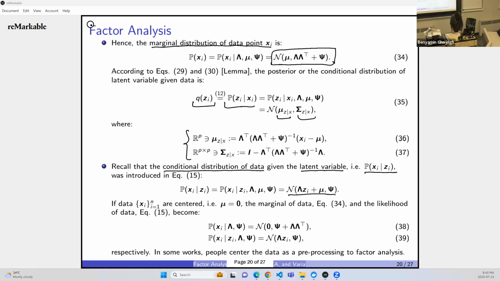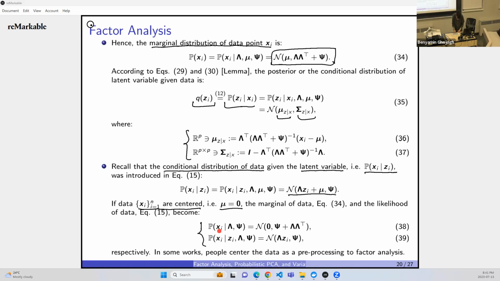So this is exactly, I'm repeating it here, equation 15, okay? If data are centered, guys, if data are already centered, such as what we did in PCA, we assume that the mean of the data is 0. Then mu becomes 0. Then the formulas become simplified. Okay?